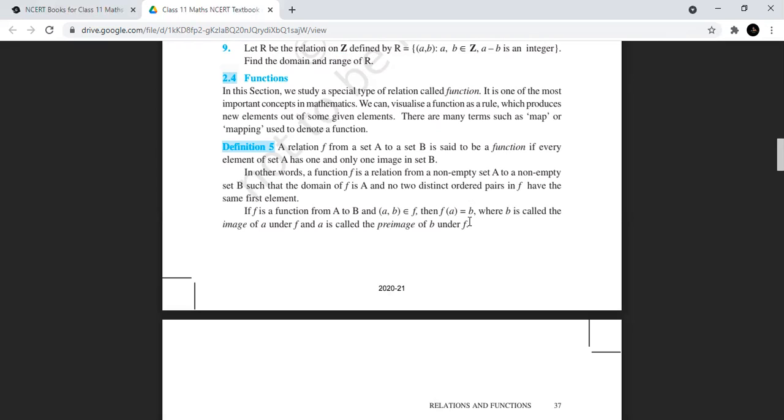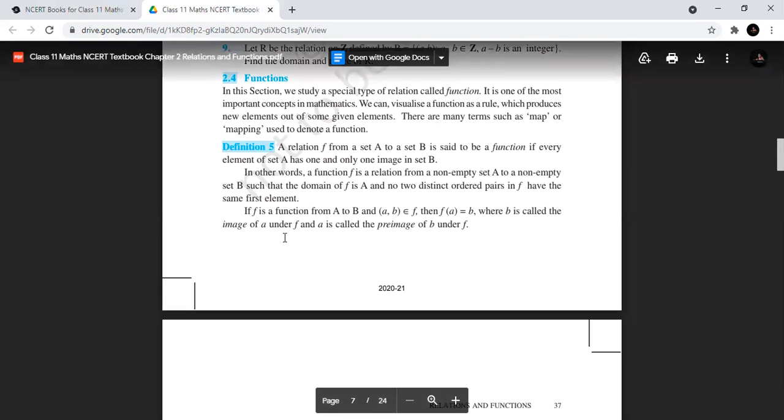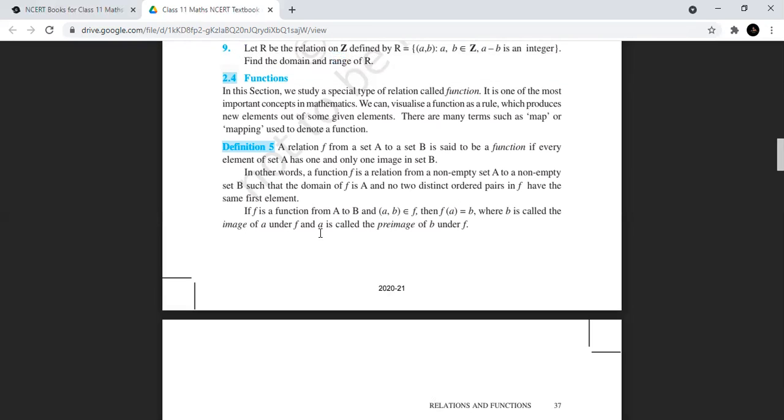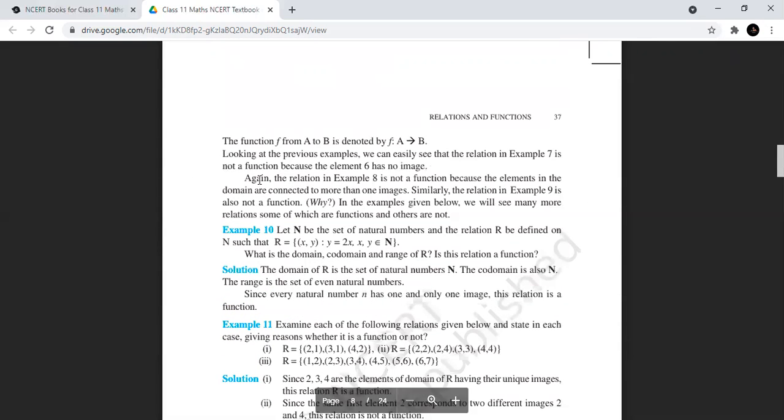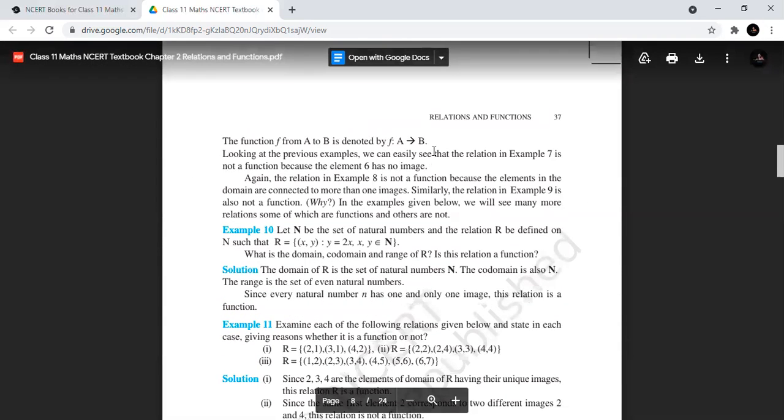This means B is the image of A under this particular rule. B is called the image of A under f, and A is called its pre-image. Elements from the domain are termed as pre-images of B under f, right? That is the way we represent a function.